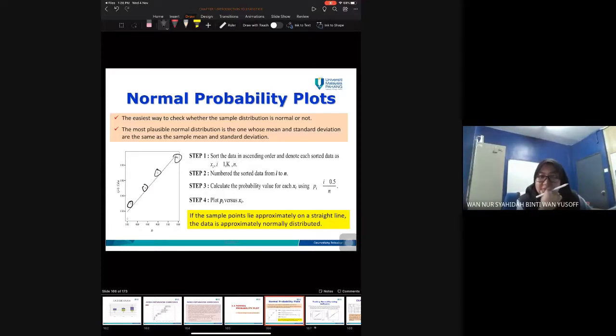We cannot write that it is normal distribution, because for a normal distribution, your data must have 0 for the mean and 1 for the variance, mu equals 0 and sigma squared equals 1. Then it is 100% normal. That's why here we say approximately normal distribution. If your data lies on a straight line, then we can say approximately normal distribution. If it deviates from the straight line, then your data is not normal.